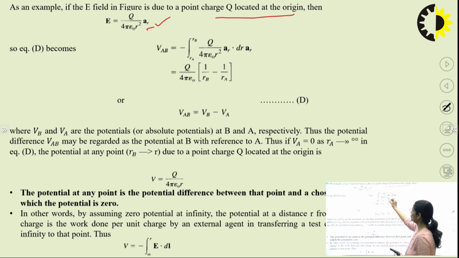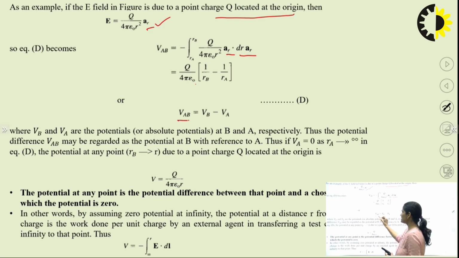Put this value here and you will get VAB equal to minus integration RA to RB of Q upon 4π ε0 r² unit vector of r dr unit vector of r. Now integrate it with limits RA to RB. You will get VAB is equal to Q upon 4π ε0 in bracket 1 upon RB minus 1 upon RA.